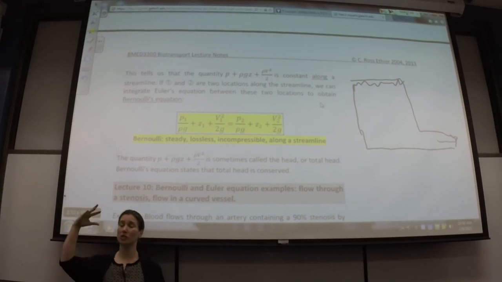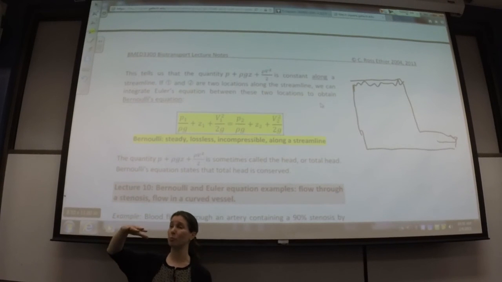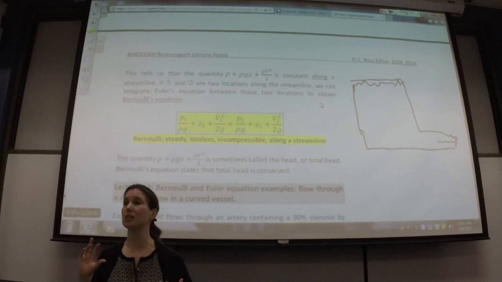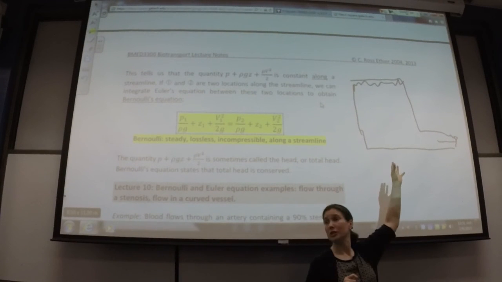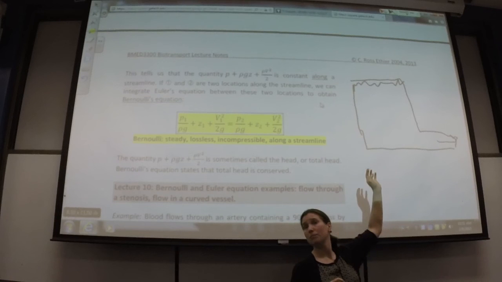Really what's driving that fluid flow out the bottom is that potential difference due to the size of the tank and the weight of the water that's pressing down and causing that fluid to be pushed out the bottom. So that's an example of where that potential energy comes into play. Okay?